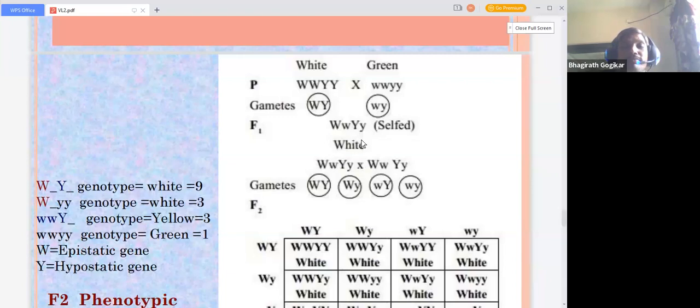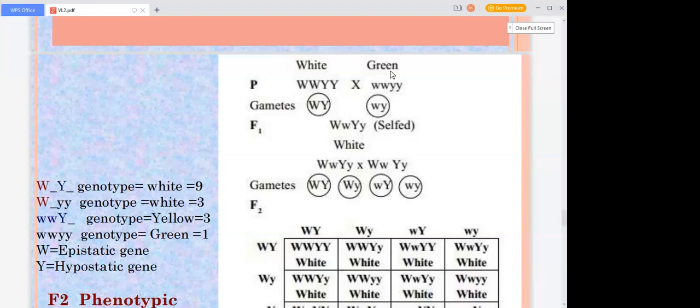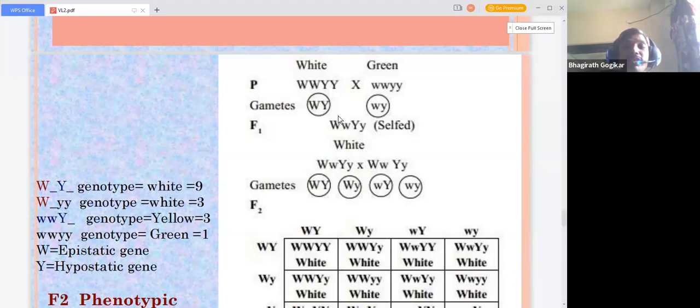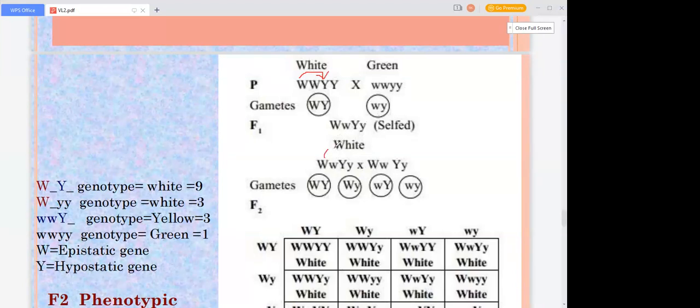Anybody explain? Here capital W represents white color. Recessive genes represent another character, that is green. The F1 plants are also white. What is the difference? The genotype is changed even though it is white. So just observe here, this W gene masks the character of the Y gene.